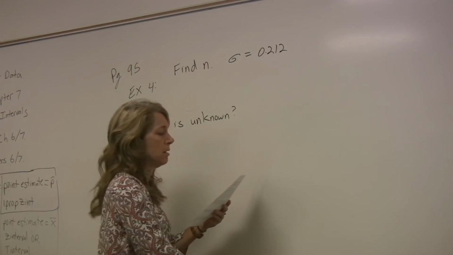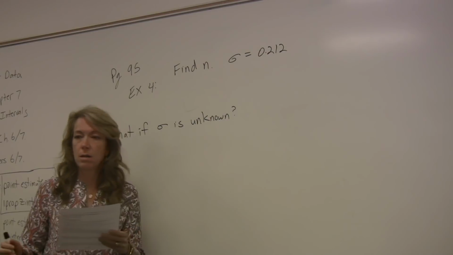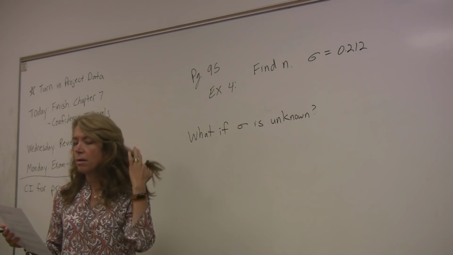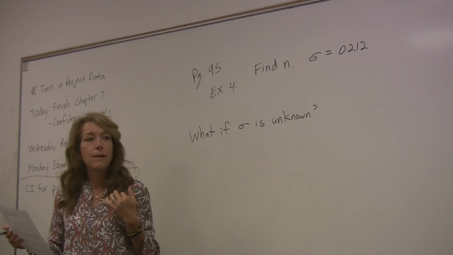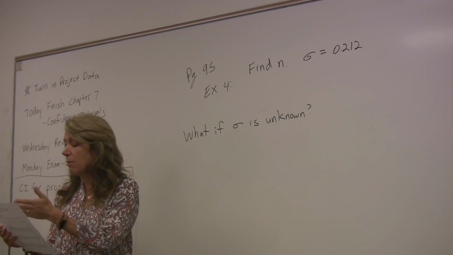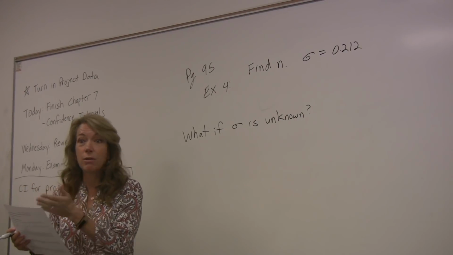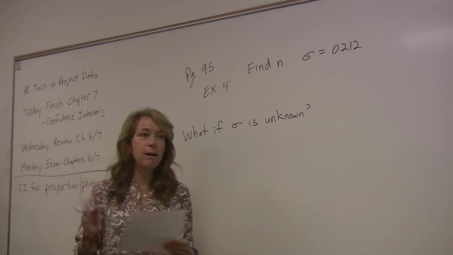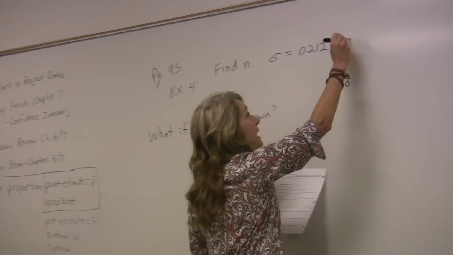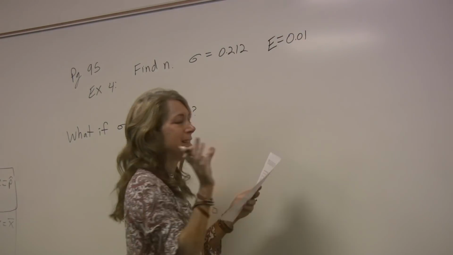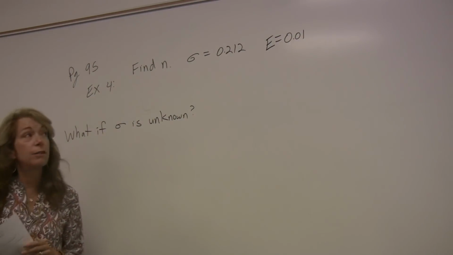No, it's the margin of error, 0.01. What is that 0.01? It's the margin of error. That 0.01 says we're taking that sample mean and we want to be within 0.01 of the population mean. That within is how far away you're allowed to go, how close you want to be. So that's the E. 0.01 inches. They want a really skinny confidence interval.